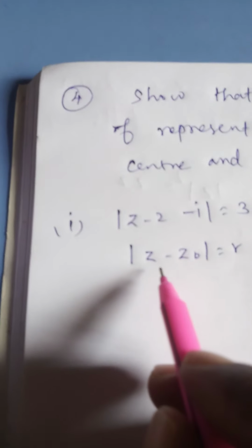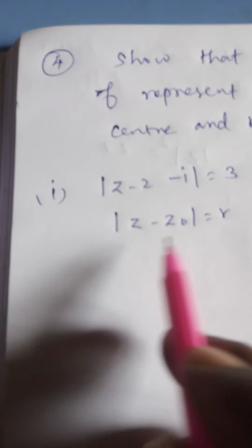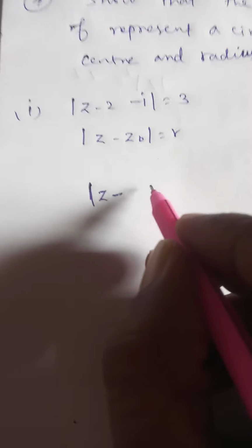Then change the given question into this format. Modulus of z minus, taking minus common, (2 plus i) equal to 3. So z naught equals 2 plus i.